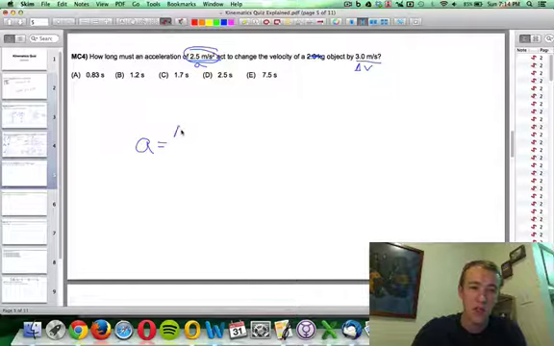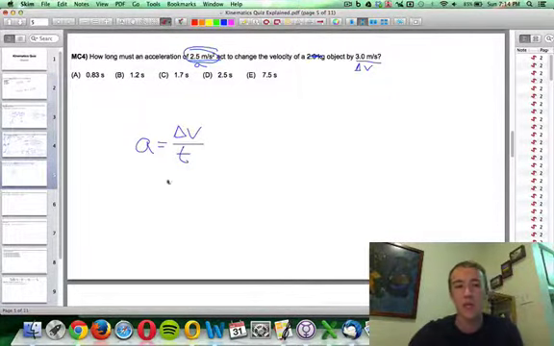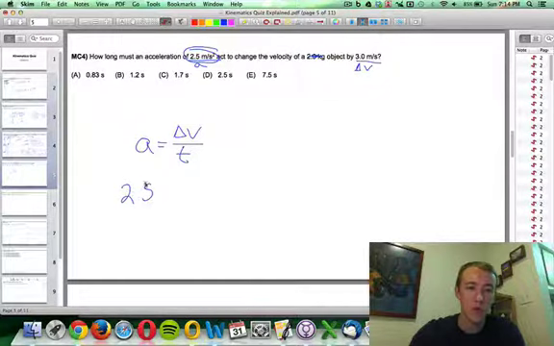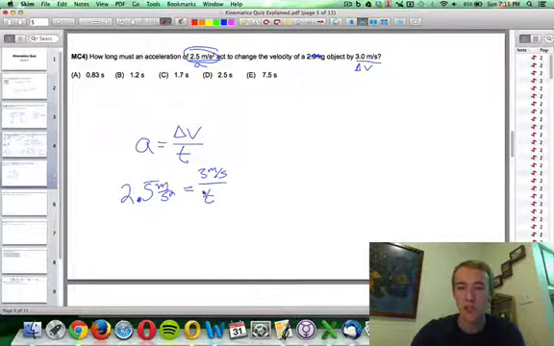Acceleration is the change in velocity per unit time. So if we have an acceleration of 2.5 meters per second squared, or meters per second is a good way to think about that, and we're changing our velocity by 3 meters per second, how much time is that going to take? This is actually a little tough. You kind of got to multiply on time by both sides, then divide by 2.5. A lot of people mess this simple algebra up.